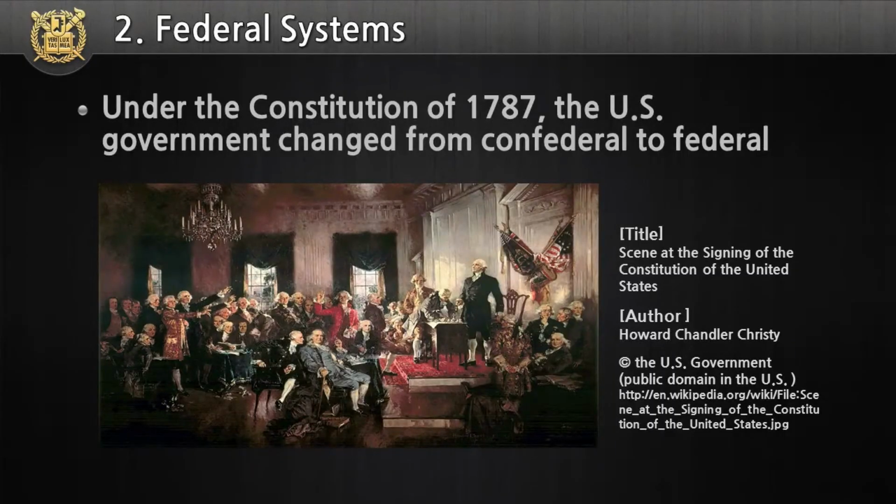Earlier, I said that the U.S. started out as a confederal system, right? And now it is federal. So at some point in the past, it must have changed, right? So under the Constitution of 1787, the American government changed from confederal to federal.